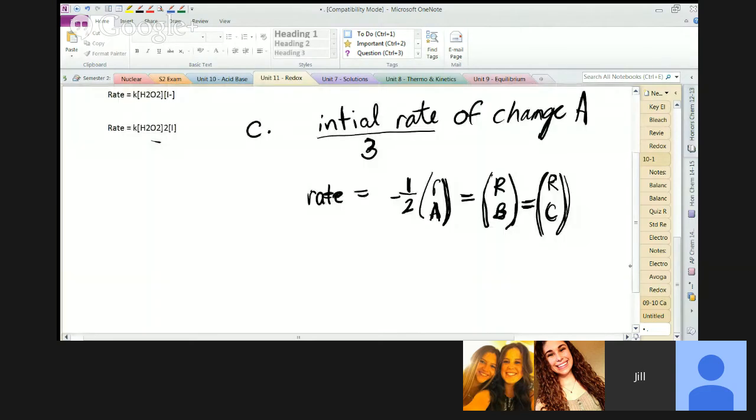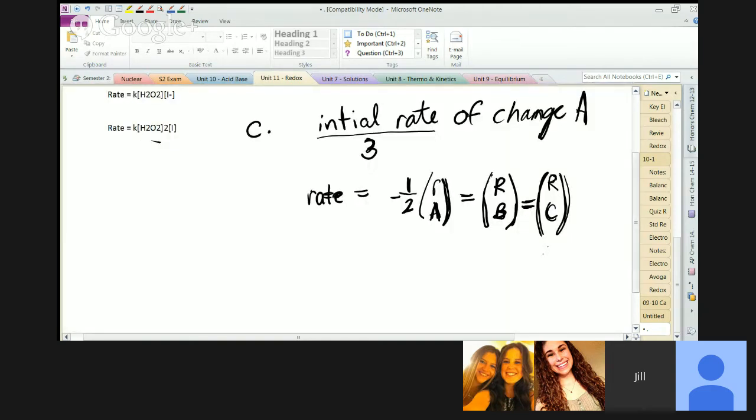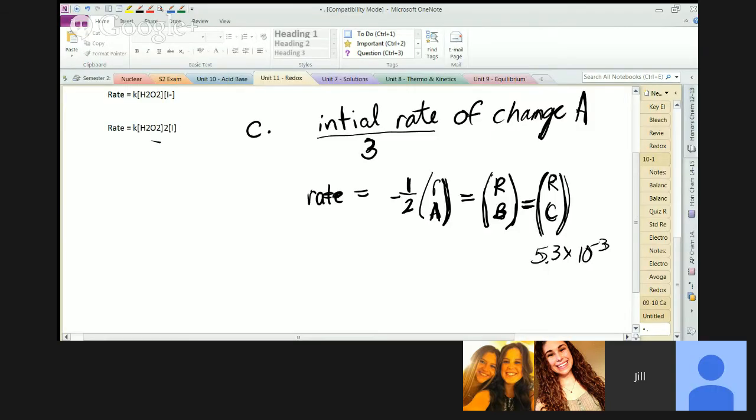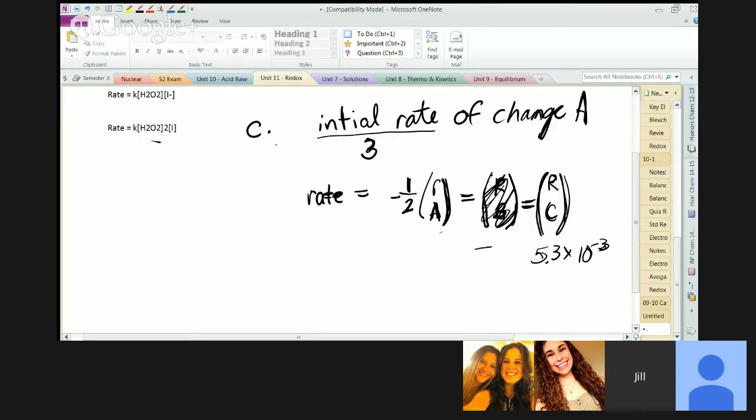But in experiment 3, you were told that C had a rate of 5.3 times 10 to the negative third. So you plug that in for C. You can ignore B and D because the question isn't asking about them. But the rate of A is actually going to be twice as much as the rate of C because its coefficient is 2.